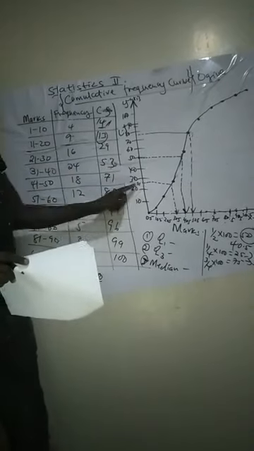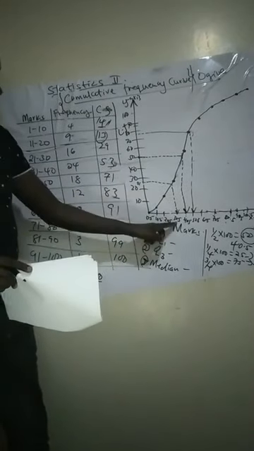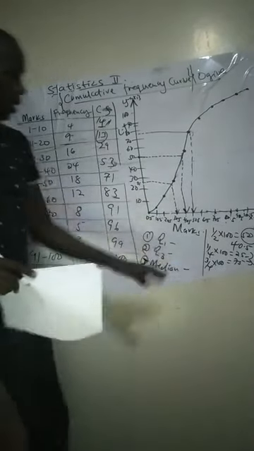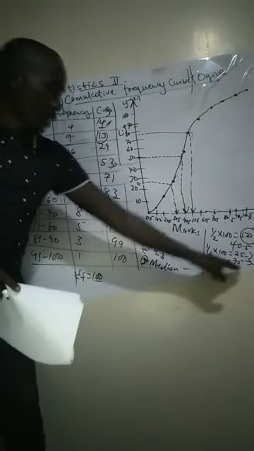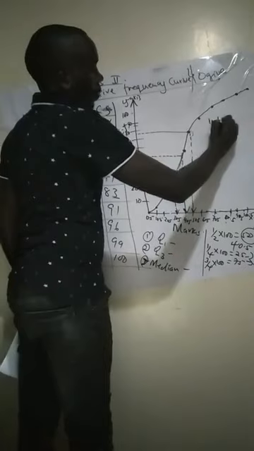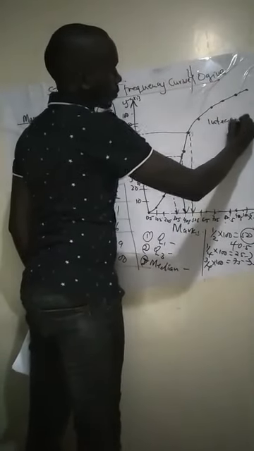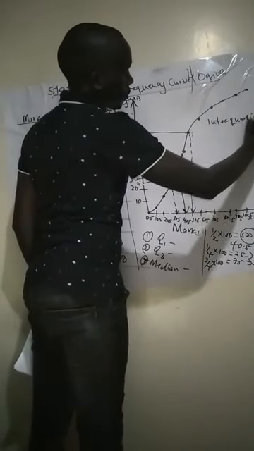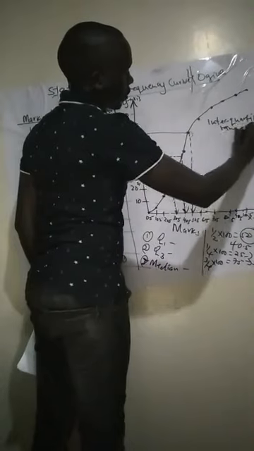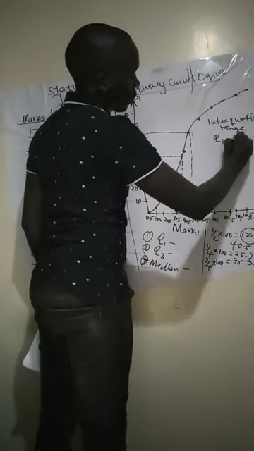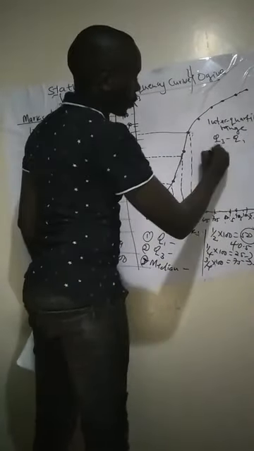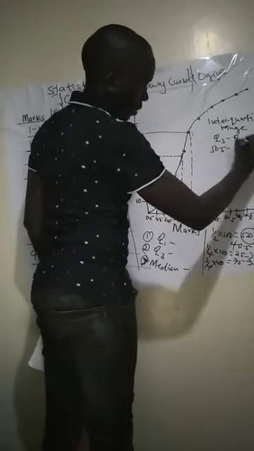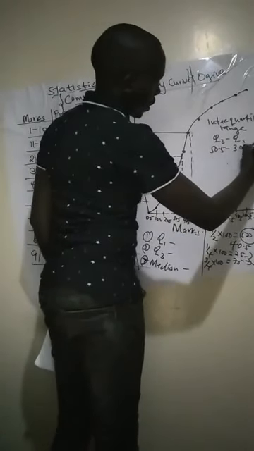Come to the cumulative frequency 25, move along that line, you get 30.5. Then 3 over 4, you get 75. So if you are supposed to get the interquartile range, that should be Q3 minus Q1, which is 50.5 minus 30.5, and the answer is 20.